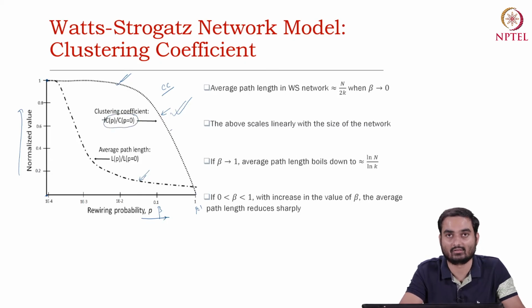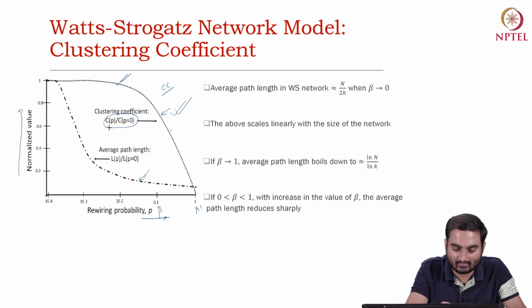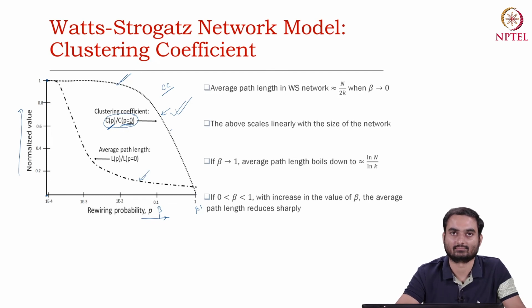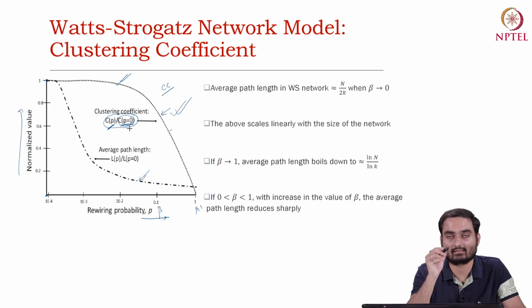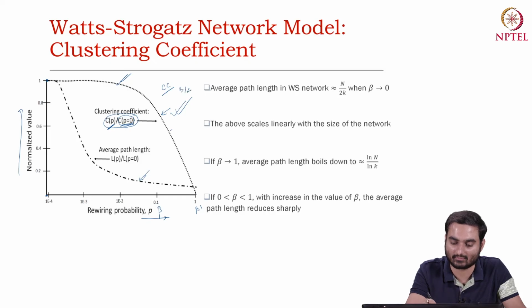We are plotting a ratio, which is the ratio of the clustering coefficient of the network at a certain value of p and the clustering coefficient when p equals 0, because when p equals 0, we know the clustering coefficient. P equals 0 means you have a lattice structure, and we know the clustering coefficient is 3/4.